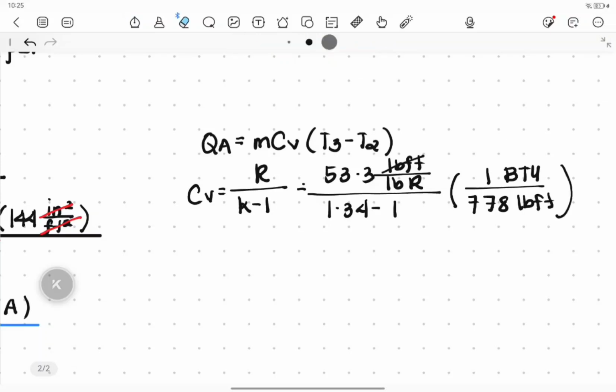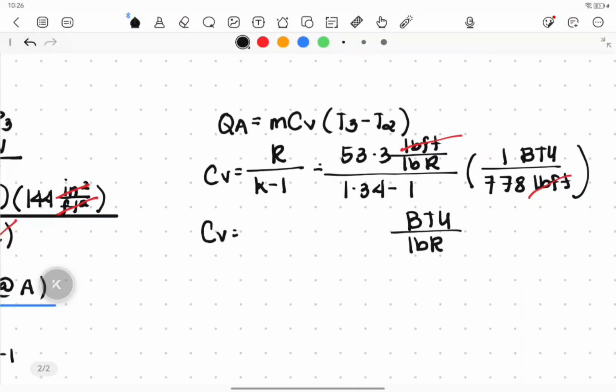And then we can cancel pound-feet, and we can only have BTU per pound Rankine. So our Cv is 0.20149705513, and we can store this at letter C.